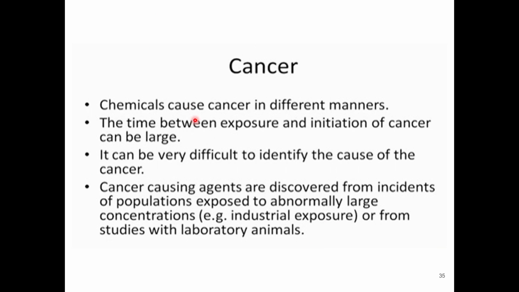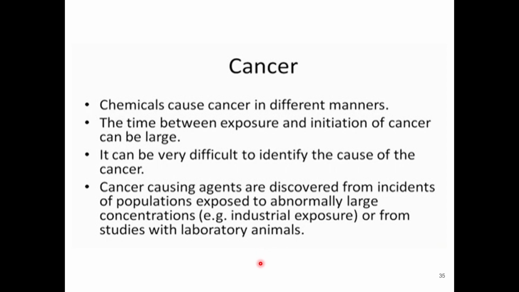These types of chemicals cause cancer in different manners, and the time between exposure and initiation of cancer can be large, so the duration can vary. It can be very difficult to identify the cause of the cancer sometimes, and the cancer causing agents are discovered from incidence of populations exposed to abnormally large concentrations, for example industrial exposure, or from studies with laboratory animals.